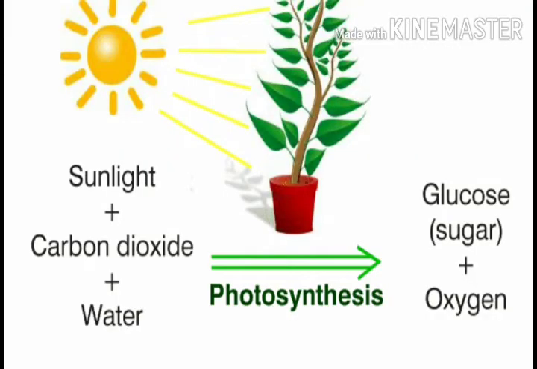No. It is called glucose. By using sun energy, plants change water and carbon dioxide into its food, that is glucose, and release oxygen. Glucose is a kind of sugar.